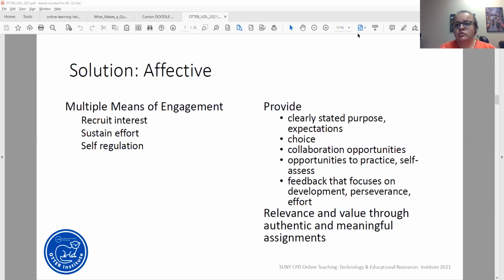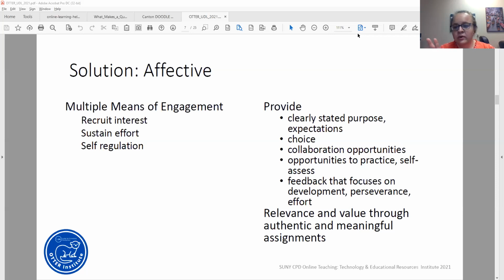So just make sure that in your courses, in your activities, everything that you're doing has a clearly stated purpose.